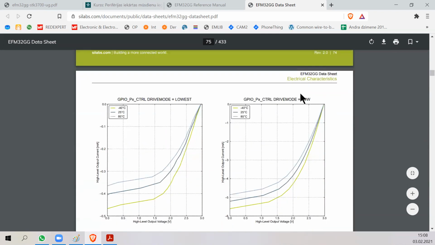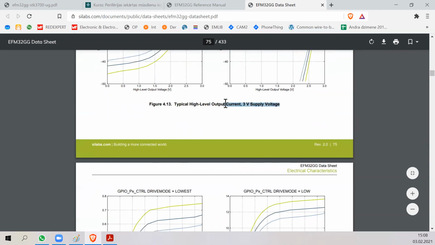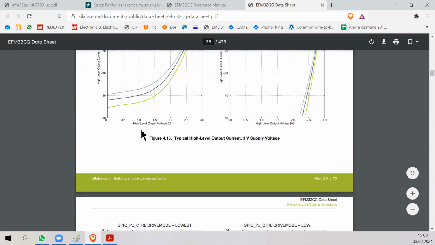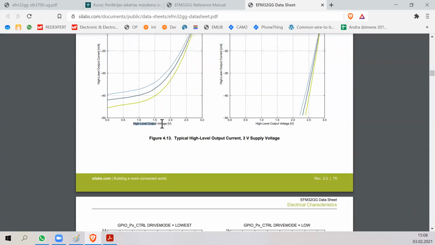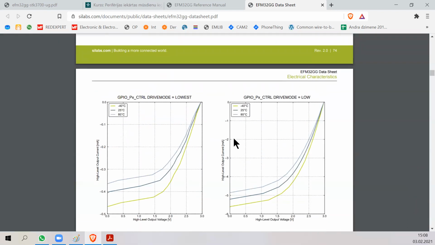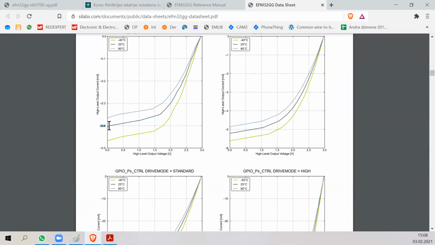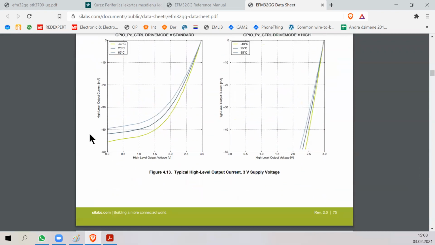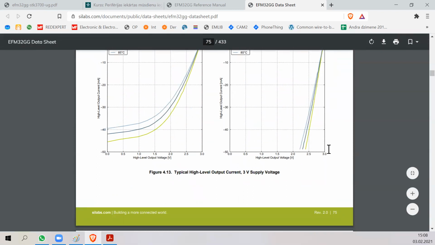Okay. And for sinking capacity, if you set high level, then the current is 0.4, 5 milliamps, 40, and maybe 100 milliamps at higher loads.